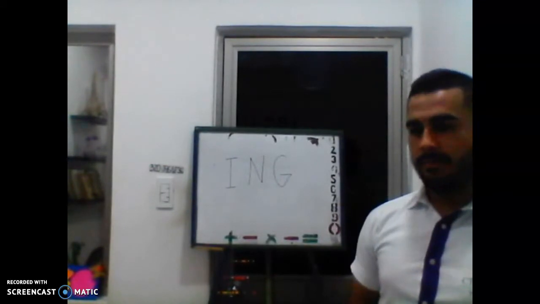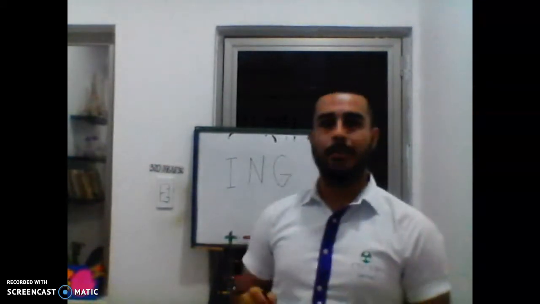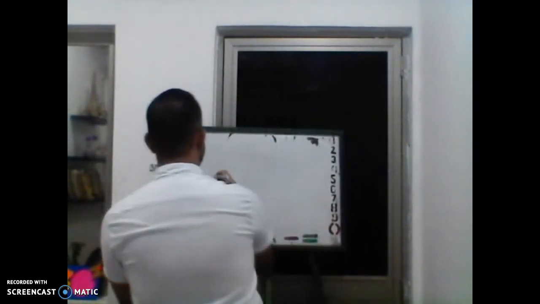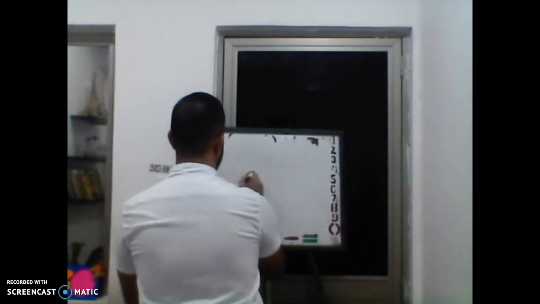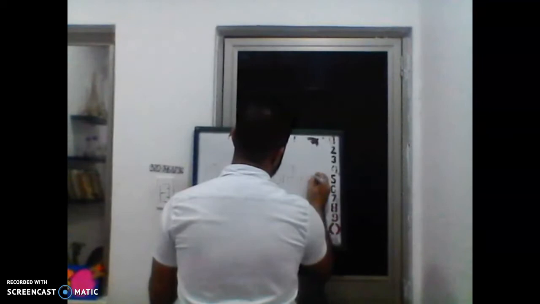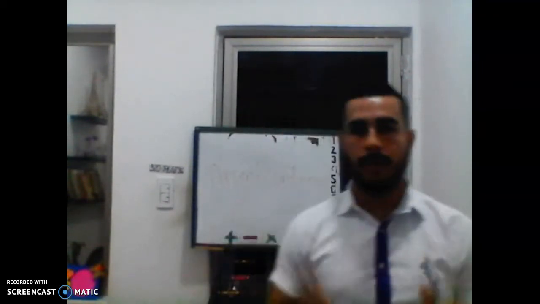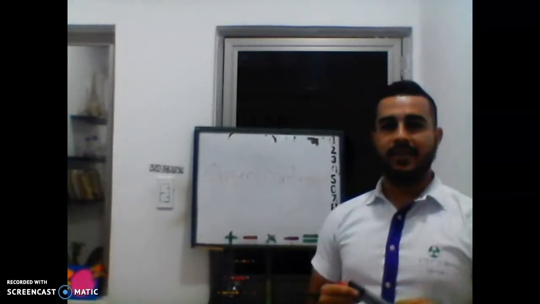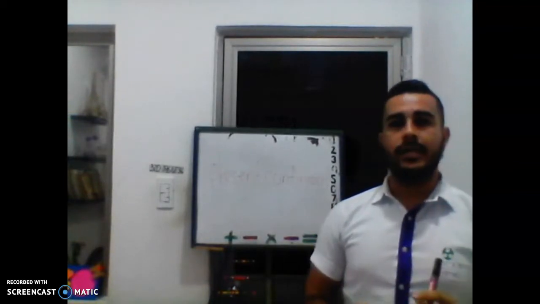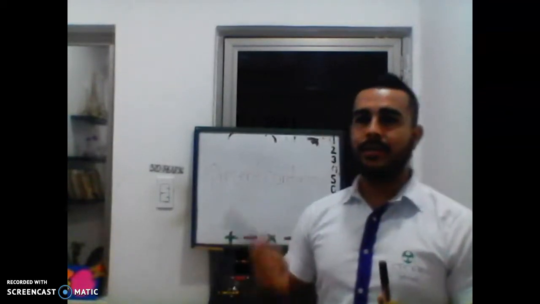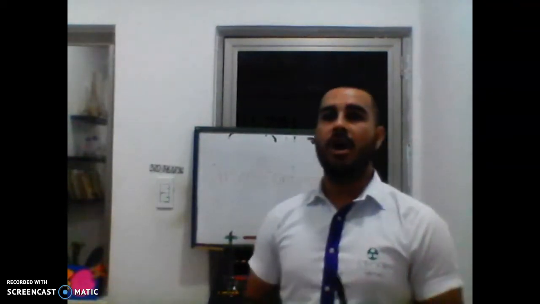Then the topic we are going to work on today is called present continuous, or present progressive, or gerund. The present continuous, progressive, or gerund is a very easy grammatical topic, guys, because it indicates an action that is being carried out at the moment.